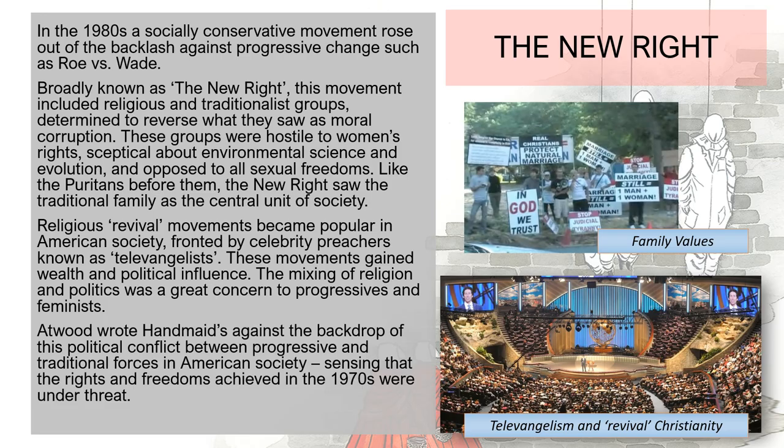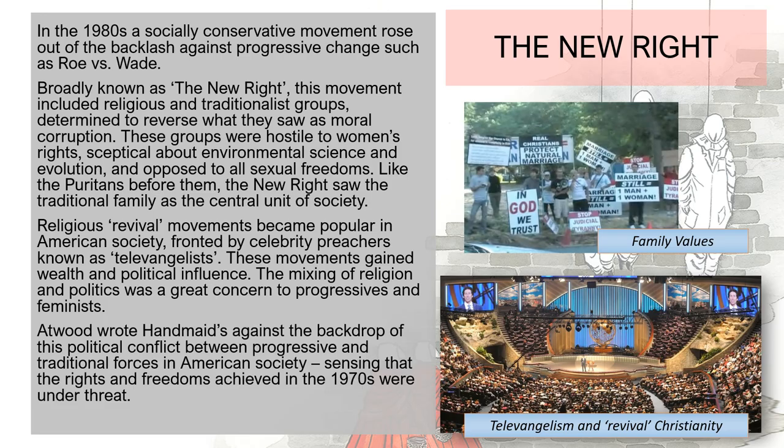Depends on your viewpoint. So Atwood is writing The Handmaid's Tale against this kind of social ideological conflict between progressive, liberal, intellectual feminism and traditional family values fronted by televangelism and mainly the Republican Party in the US.